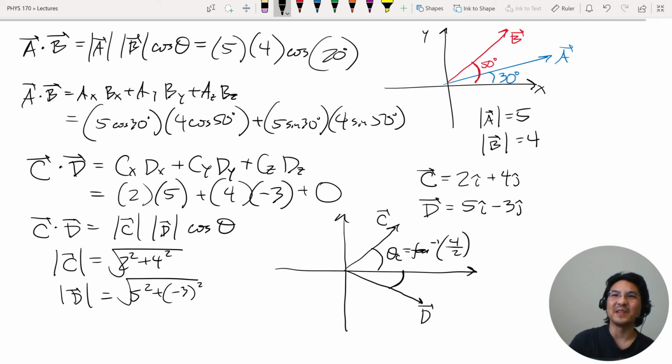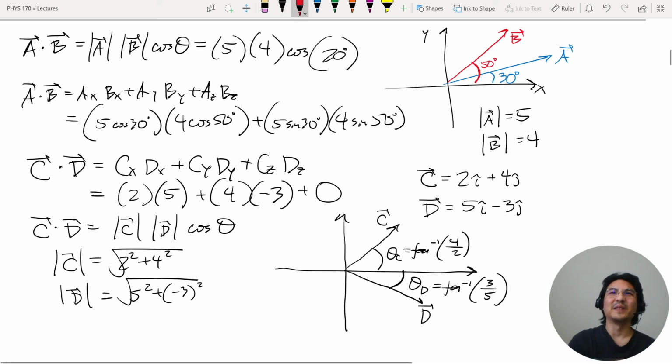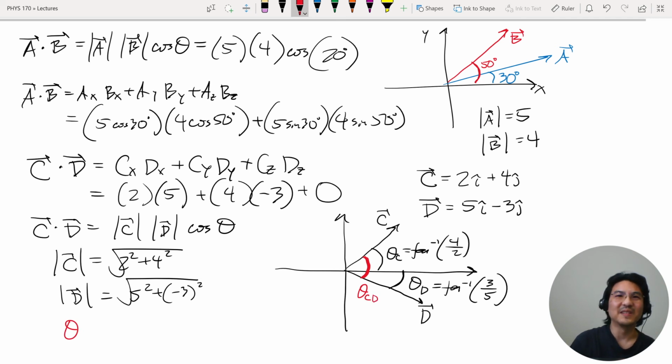And then this angle here, I'll call this theta D, would be arctangent of 3/5. So just punch that in the calculator. So then the angle here between vectors C and D, I'll call this theta CD, would just be, add those two together.